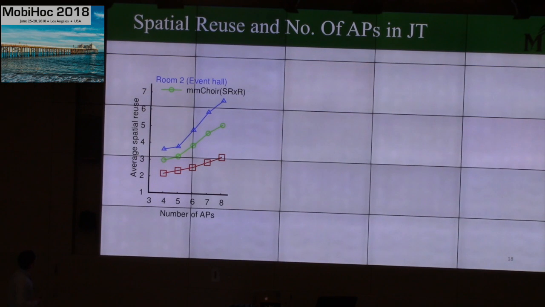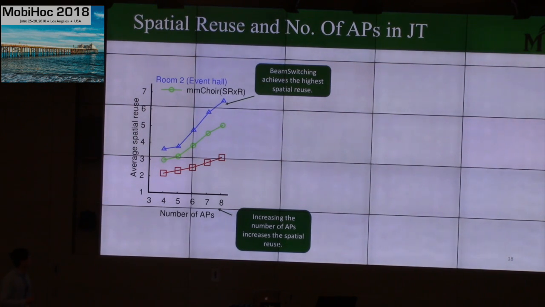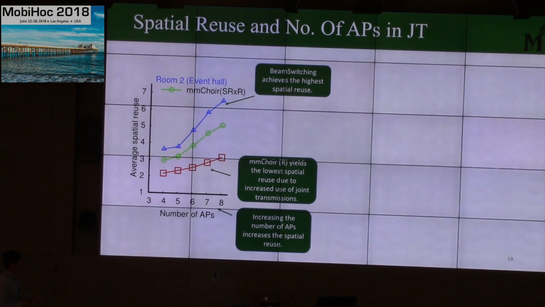And then we want to check the spatial reuse ability for different strategies. First of all, when we increase the number of APs, we increase the spatial reuse because more APs definitely can provide more resources to the network. And beam switching, which doesn't use joint transmission, achieves the highest spatial reuse because it always just uses one AP, and it creates more spatial reusability for other links.